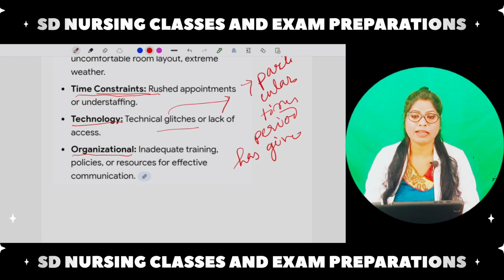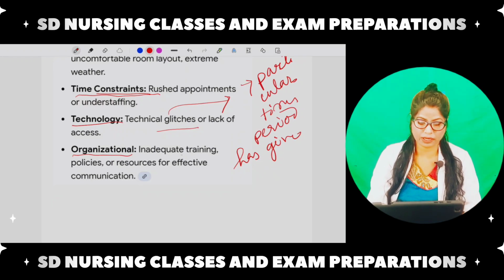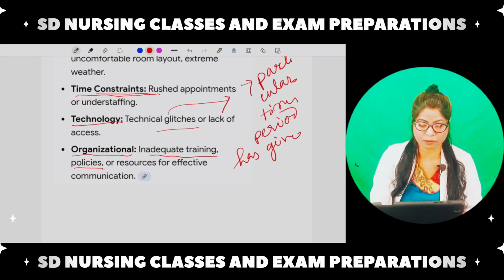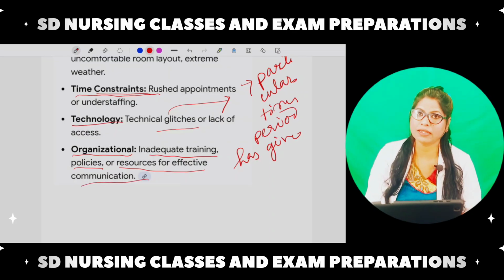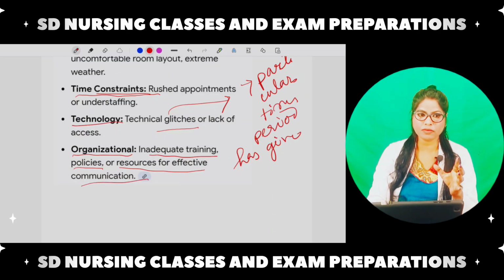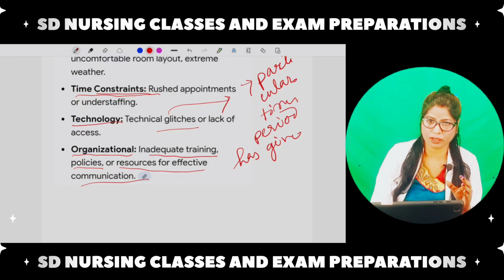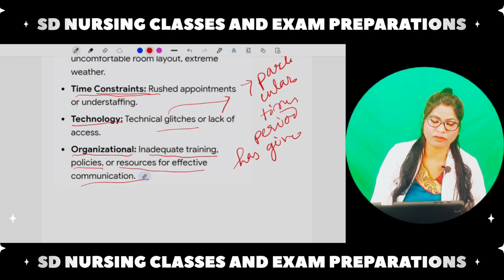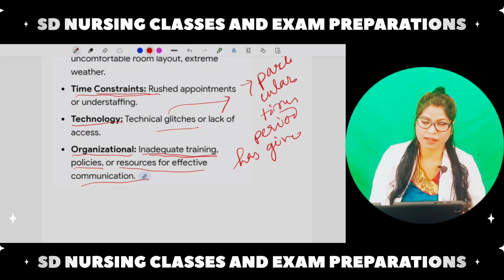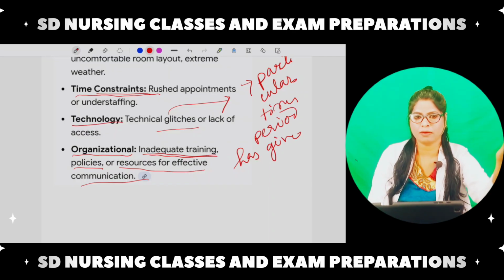Then organization: inadequate training, policies or resources for effective communication. Organization means you want to organize something for the patient in the hospital, and if you don't have knowledge, inadequate training, you can't train the patient.